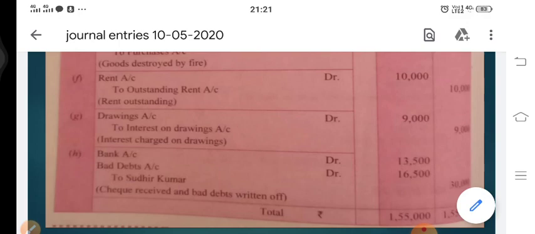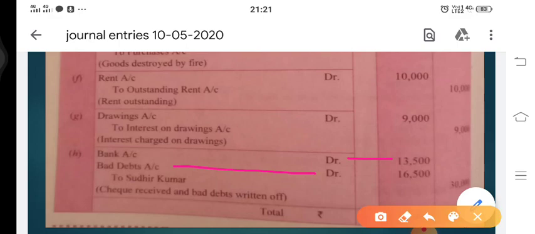So bank account got debited with the amount of rupees 13,500. Now that 16,500 that we could not receive is a loss, and that loss is bad debt, because it is the amount of debtor that we are not likely to receive, and it is called bad debt.